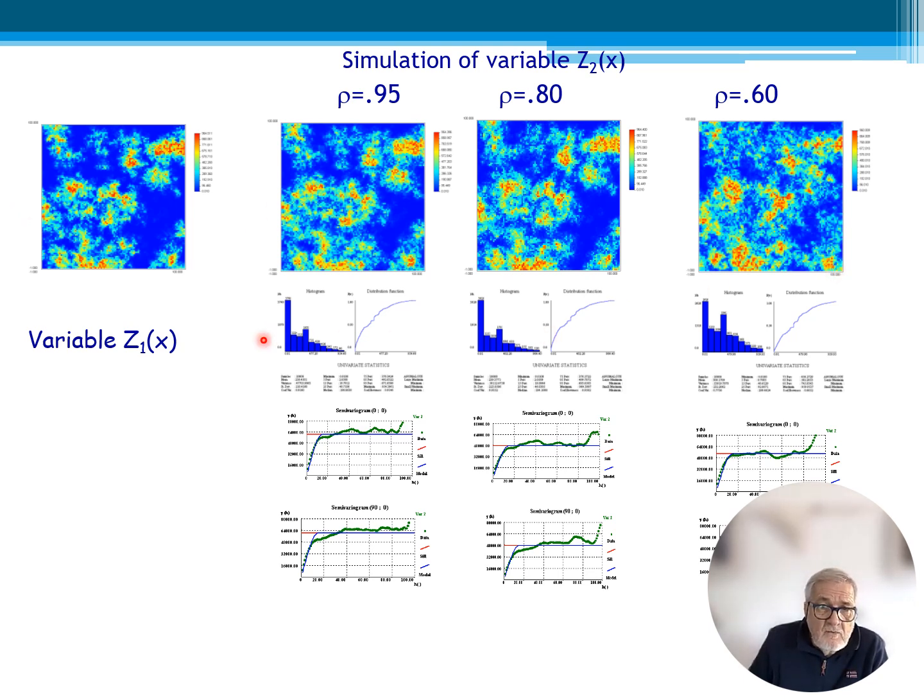But look at the histograms; they reproduce the histograms here. The histograms just start to be a little bit different from those of the first variable, and the variogram models are also quite well reproduced.